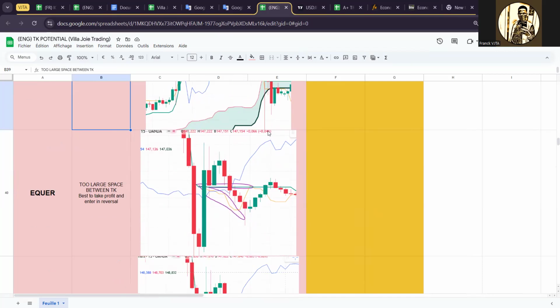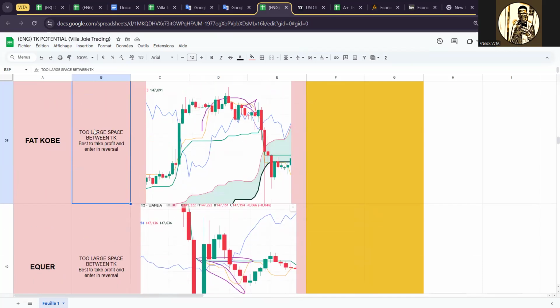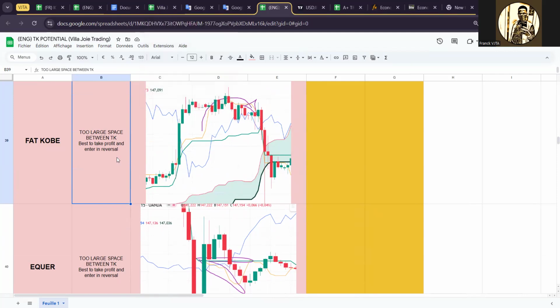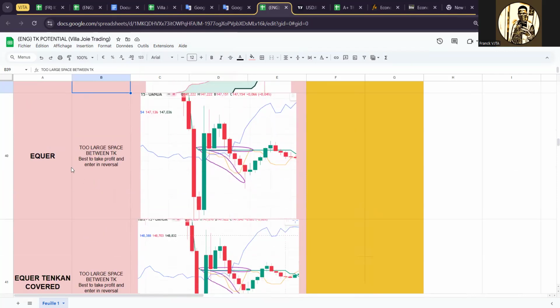So now we have, so the fat Kobe is a take profit and reversal at the same time, as I wrote here. So now we have an AK.